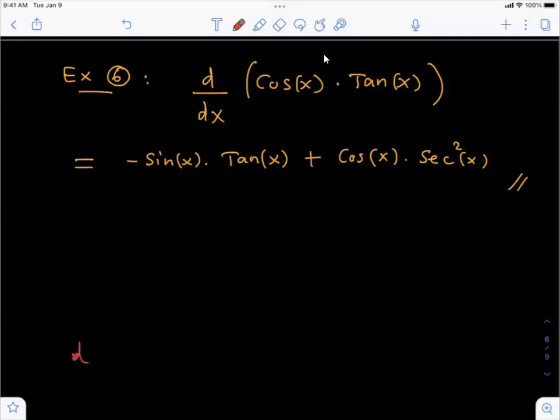By any chance, if you recall the simple fact of this trigonometric simplification, cosine x times tan x. Sometimes when these functions are coming from the same universe, they can interact with each other. Exponential and trigonometric are coming from different universes. They cannot interact. However, trigonometric with trigonometric, perhaps there could be a way to interact.